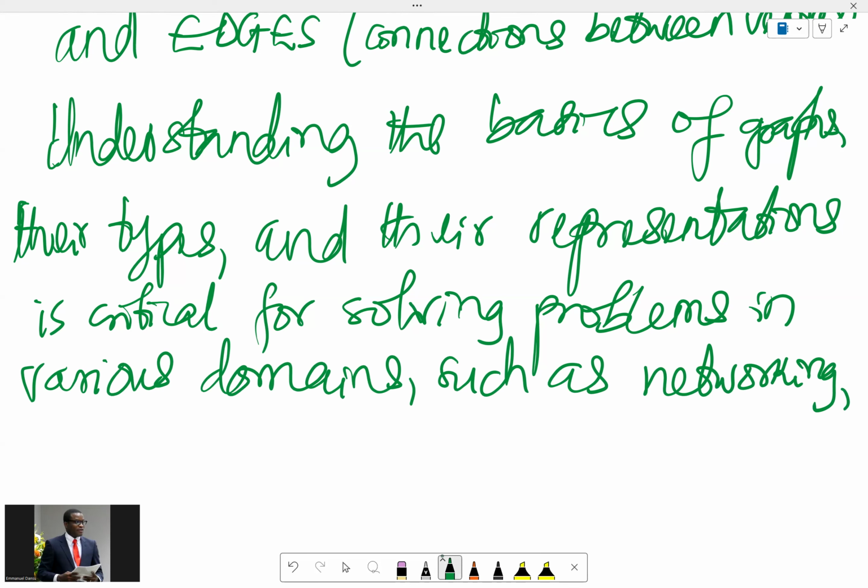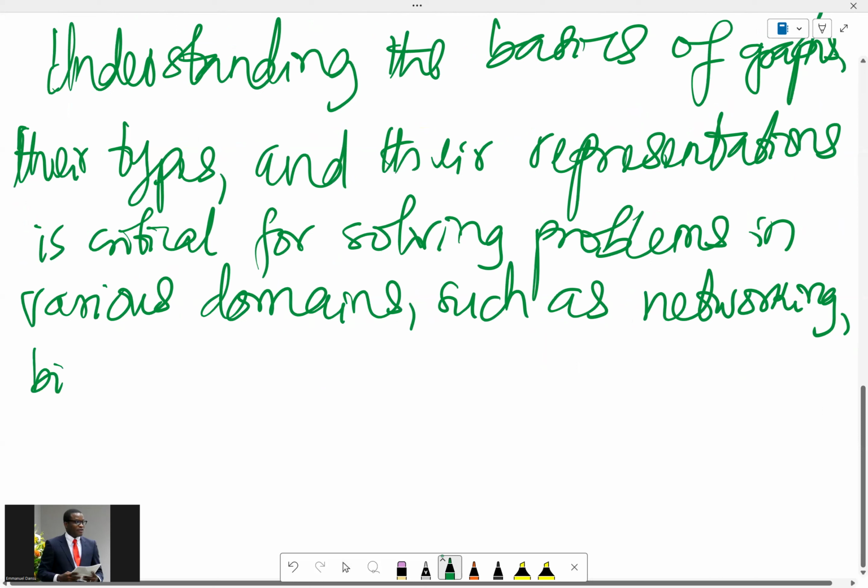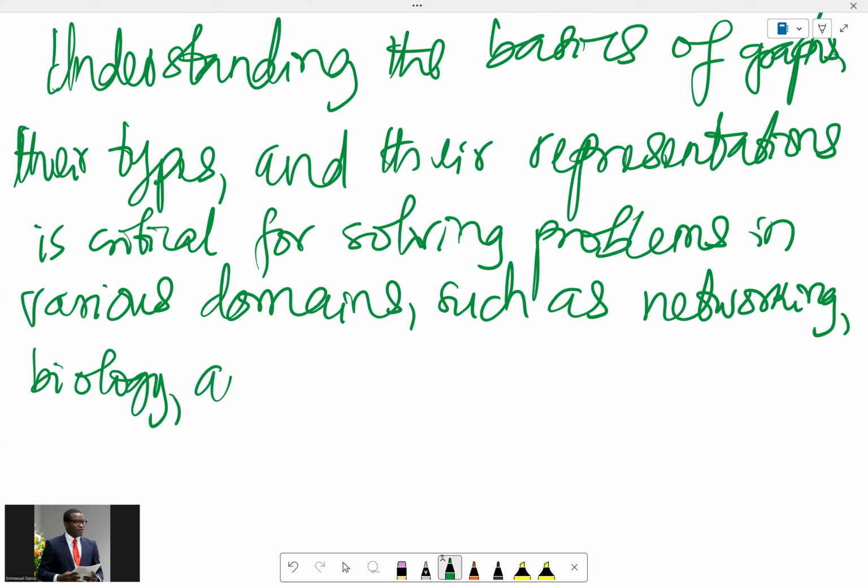You have networking and every other place where you have networking applied, even in biology, like the network of proteins, for instance, and even social sciences. This talks about the interactions that go on in society.